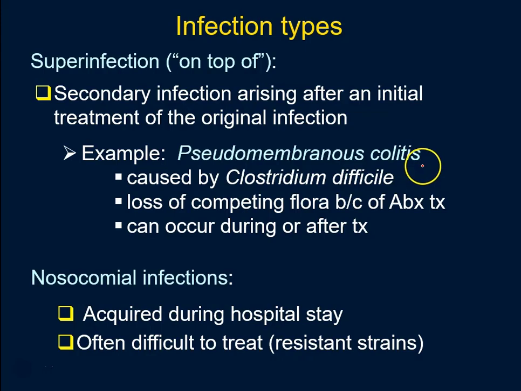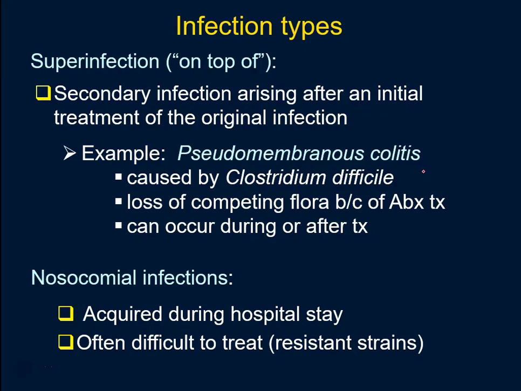This is always a risk with all antibiotics. Some have greater risk than others. If you have an antibiotic that will affect the gut flora more, then that increases the risk, of course. So this is an example of superinfection.